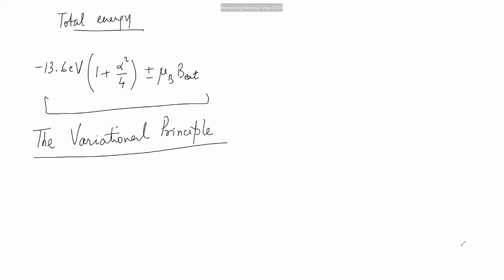In very short, the variational principle is a trial method. What do we mean by a trial method?